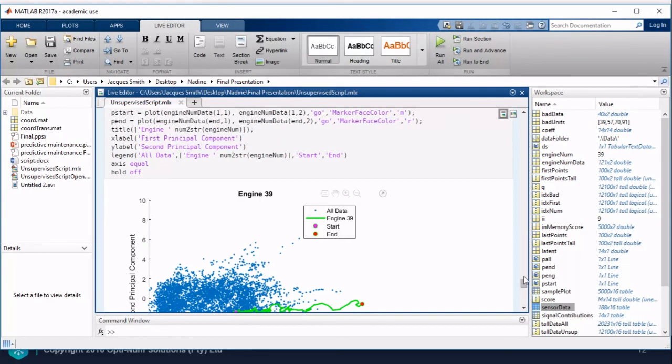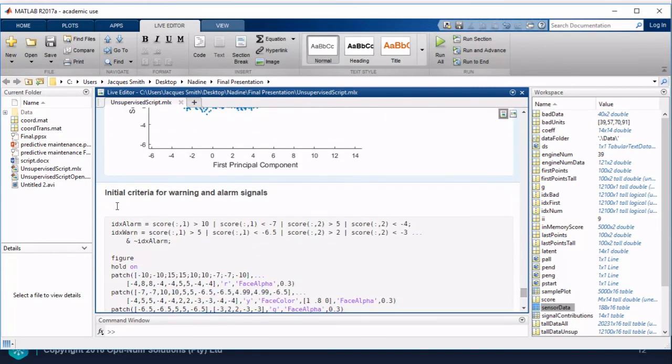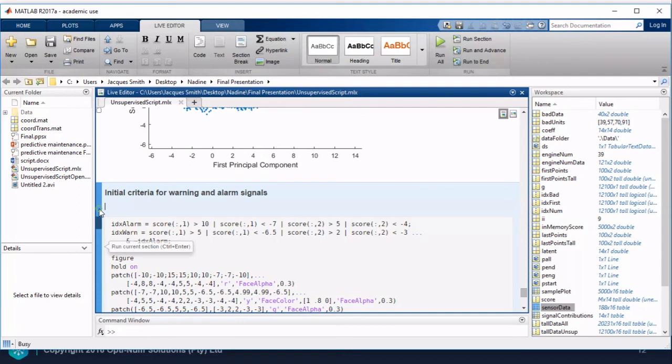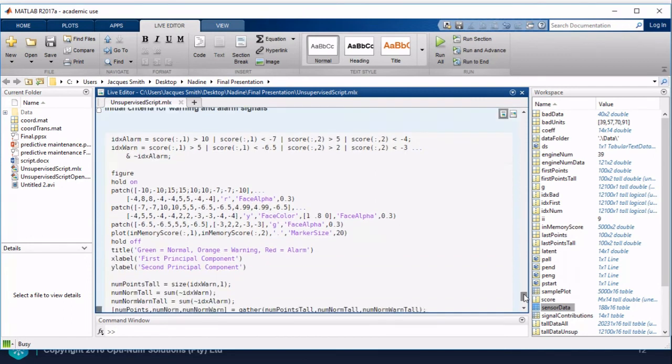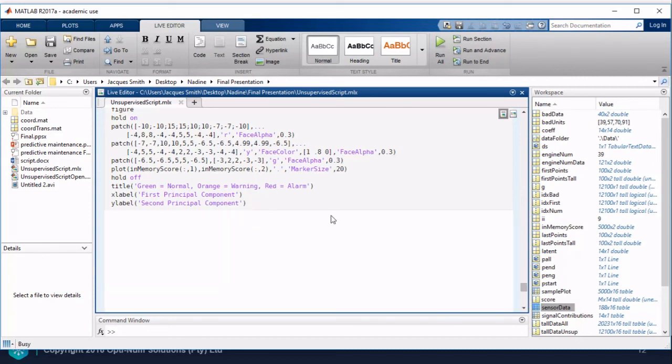So we will use the patterns that we have recognized in our data to estimate initial boundaries for these categories. Here we draw up a plot with our data points and highlight these categories in different colors. So here we can see green is normal, orange is warning, and red is alarm.